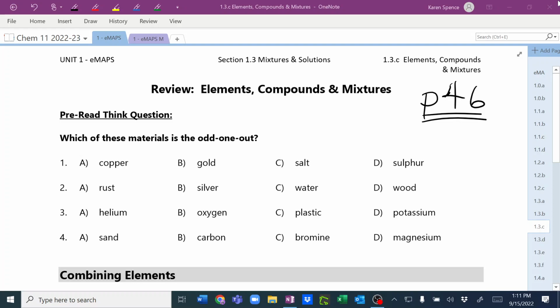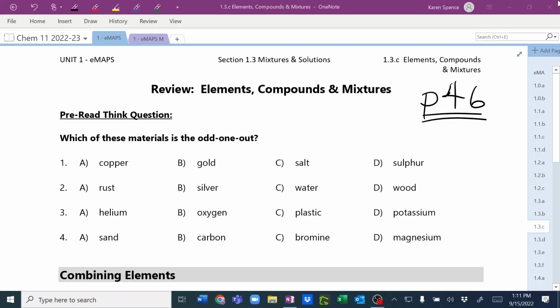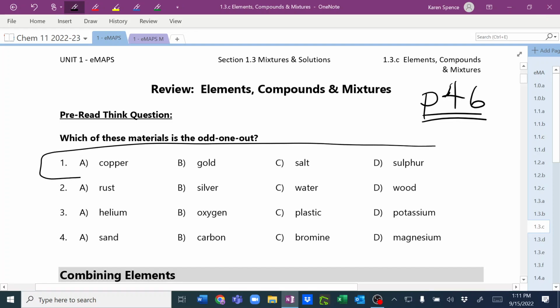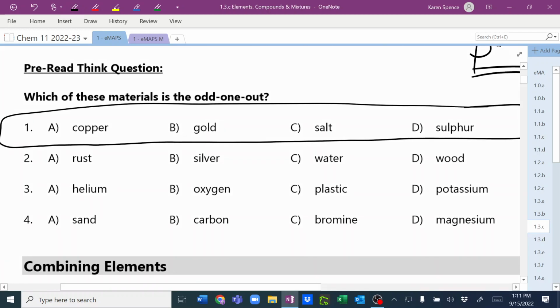Page 46. With your partner, what I'd like you to do is go through number 1, take a look at all of these and decide which one is the odd one out, which one is different than the others. Page 46.